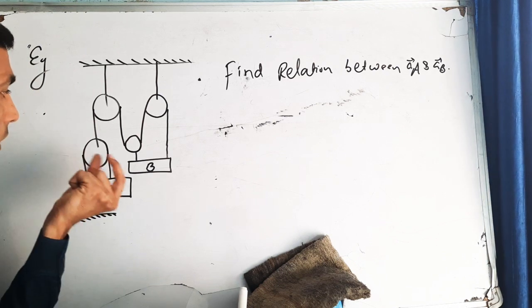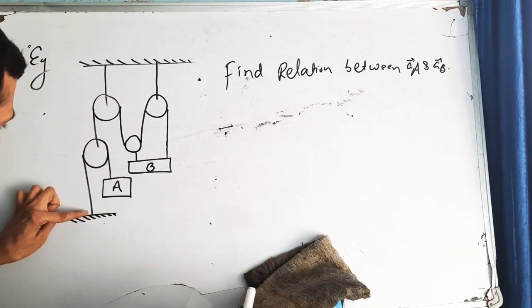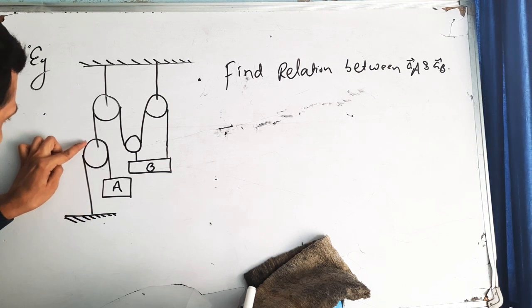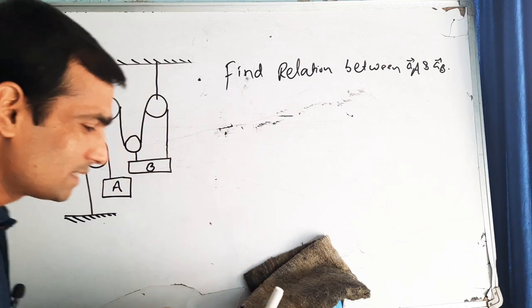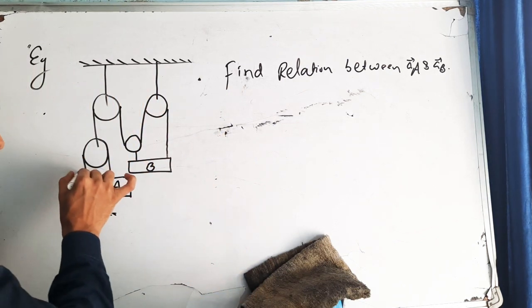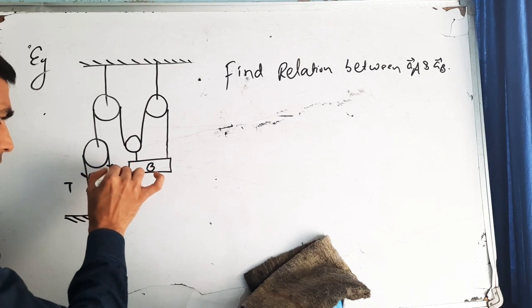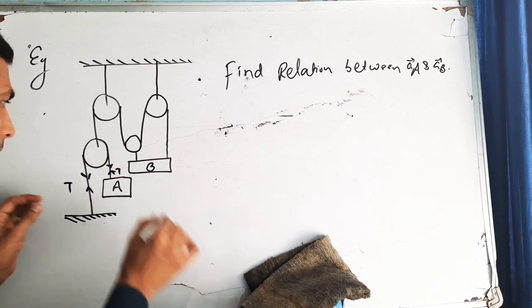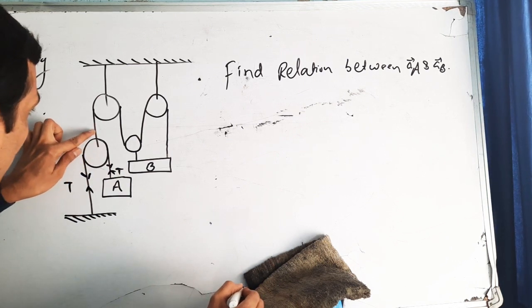First you have to point out the tension, right? Because you can see carefully, this is a common string, this is a common string, this is a common string. So what? Tension is the same, right? So student, you can put one thing, this is tension T, this is tension T. Right student, you can see this is tension, but this is another string.